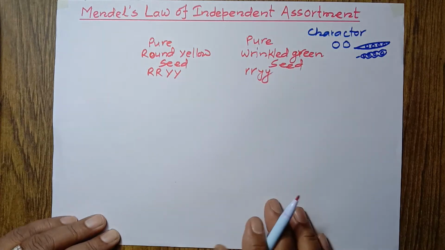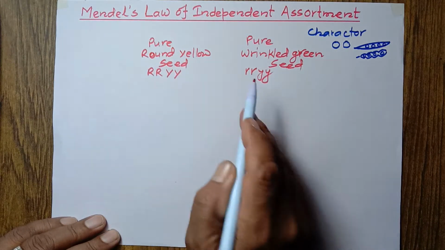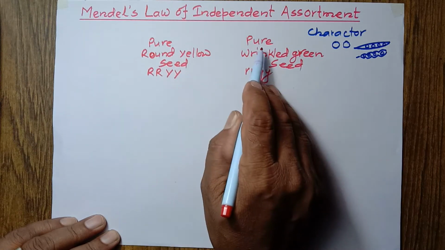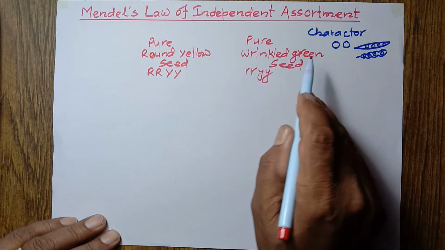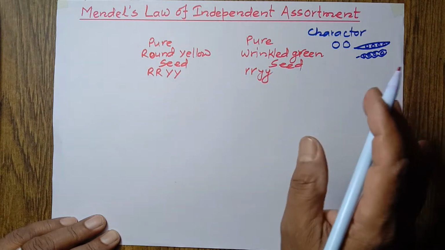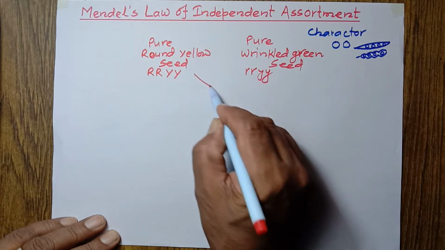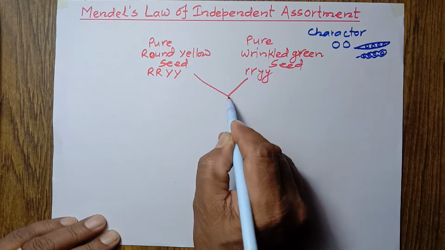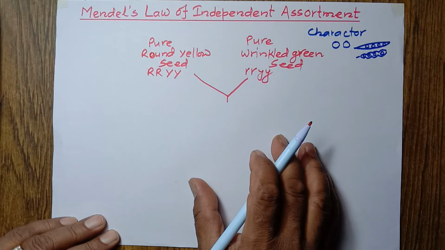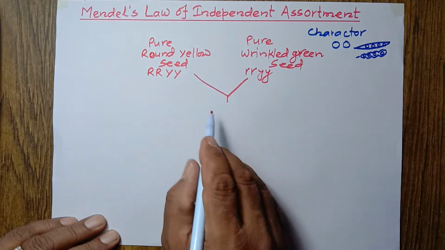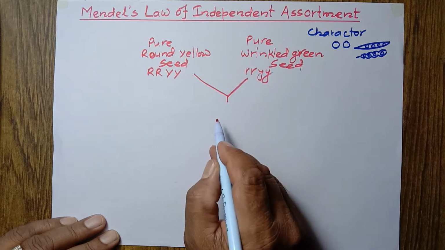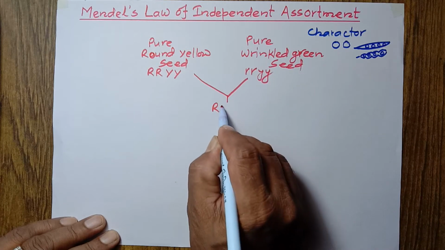That's why this is y. Here, when he took this pure round yellow seeded pea plant and cross-pollinated it with the pure wrinkled green seeded pea plant, what he found was that this cross gave all the pea plants round and yellow. The round and yellow was hybrid round and hybrid yellow, and this is denoted by this.